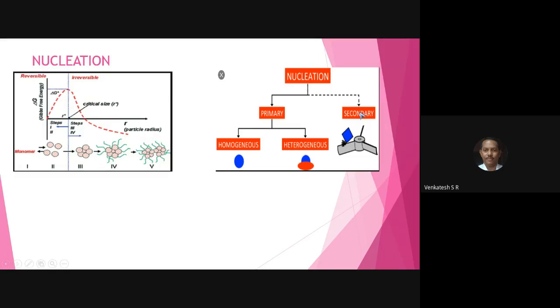As per your syllabus, you have only primary. Primary is classified into homogeneous and heterogeneous. Write down the block diagram. First, write down nucleation and divide this into two, and on the right side show in dotted line secondary nucleation.